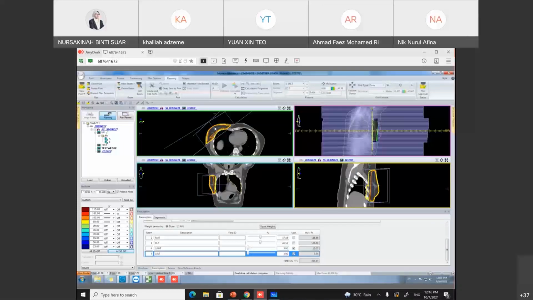After we use the wedge technique, the MU increases to 606. But when we apply the field in field technique, the MU is only half of the wedge technique, 300 compared to 600. What I want to emphasize here is that with the field in field technique, we can achieve a similar dose distribution while the MU is reduced to half.